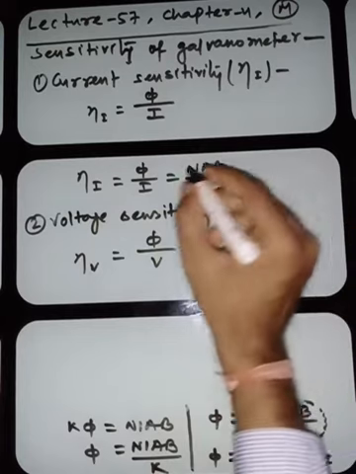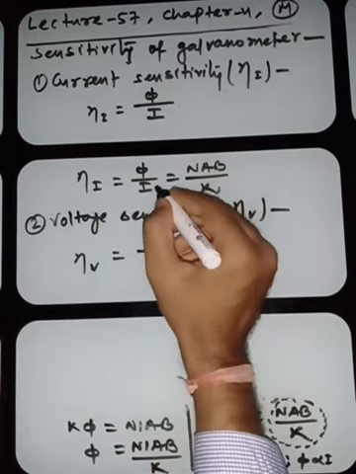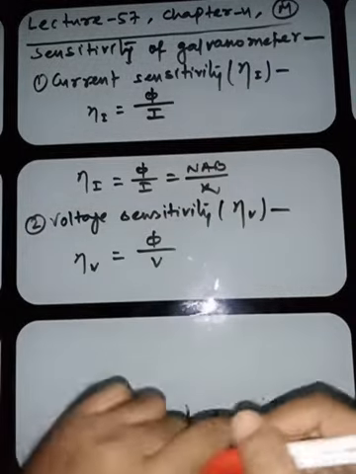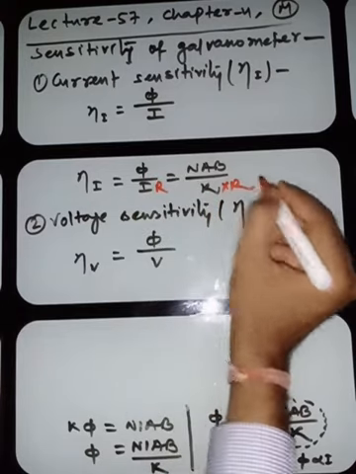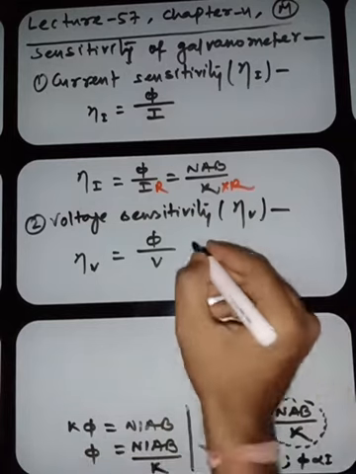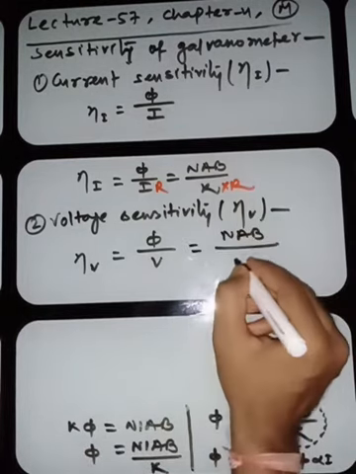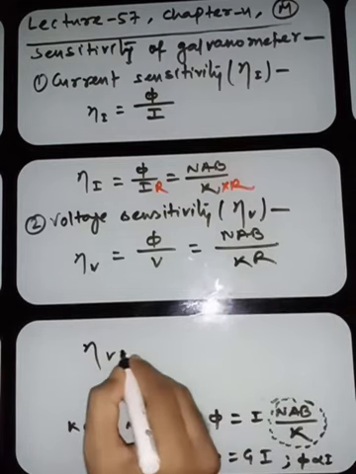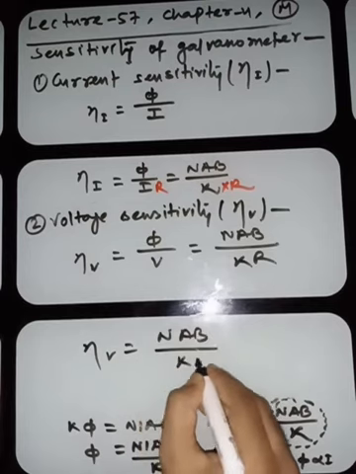We know that V is equal to IR, so multiplying by R on both sides, you will get the voltage sensitivity. It means this will be NAB by K into R.